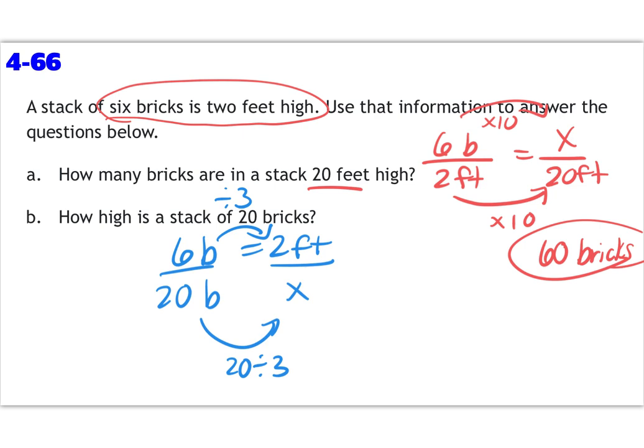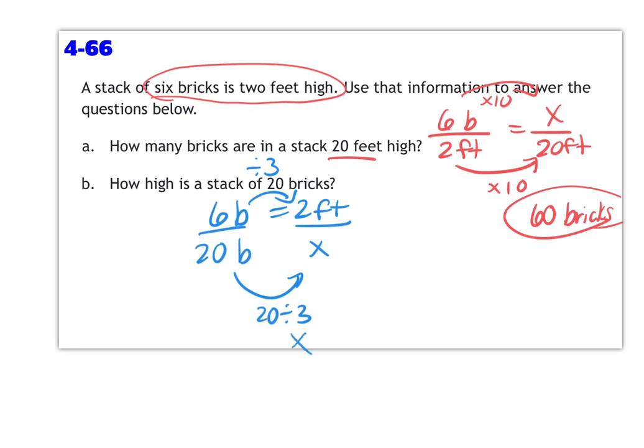Please find that calculator and take 20 divided by 3 if you have not done so, and you should have had the answer of 6.6 repeating. So your answer to how high a stack of 20 bricks is would be between 6 and 7 feet tall.